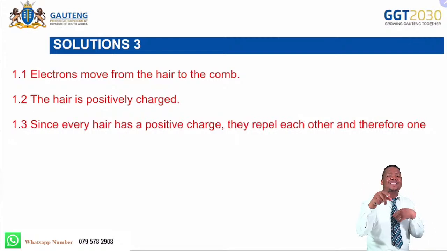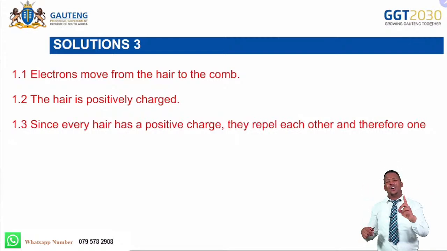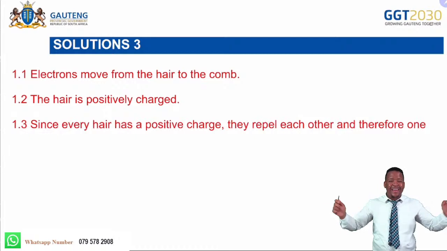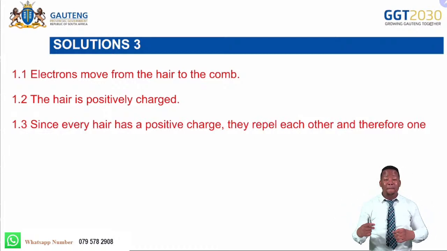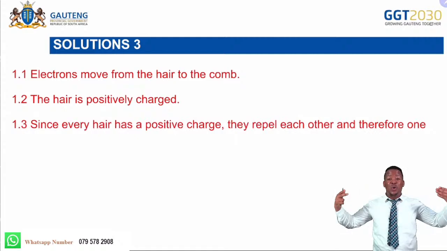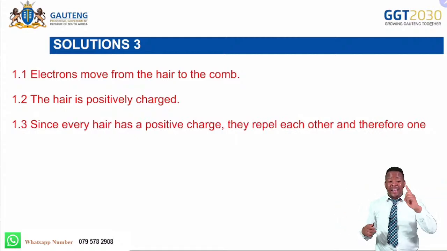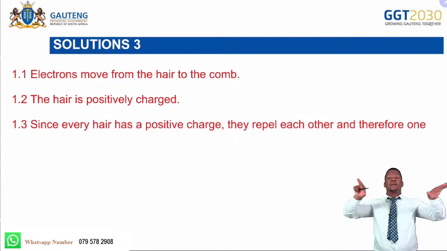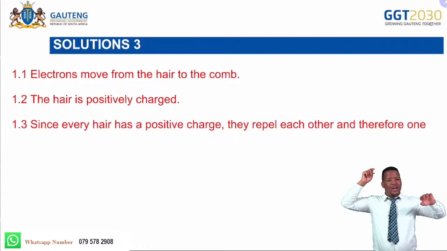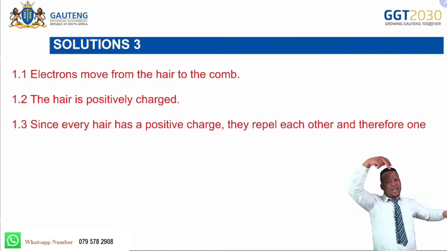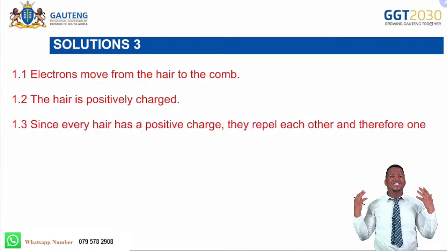Why? Because they repel. According to electrostatic force, like charges will always repel, and unlike charges, meaning positive and negative, will attract. But like charges, positive and positive, will repel. That's why after combing your hair, the hair follicles move away from each other, because they are all positively charged.